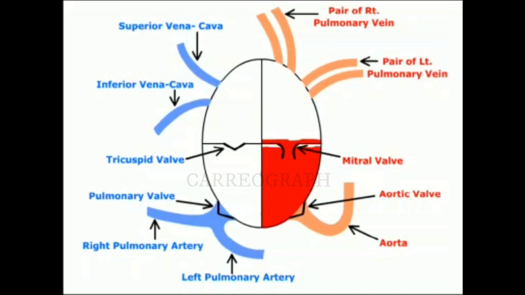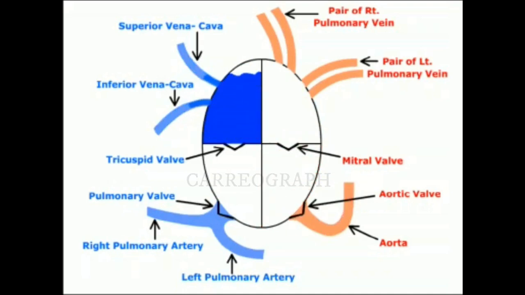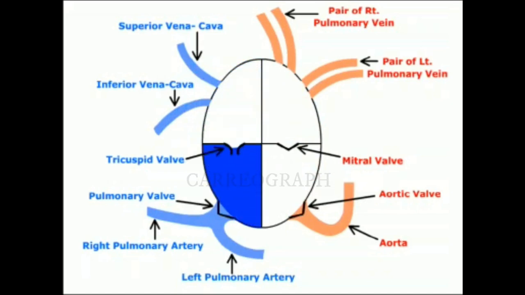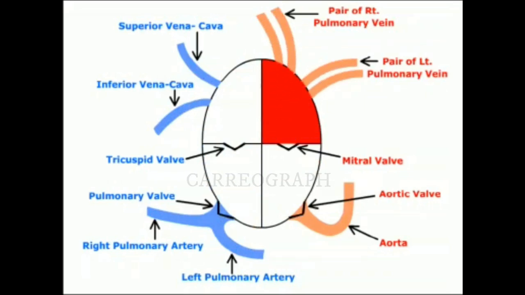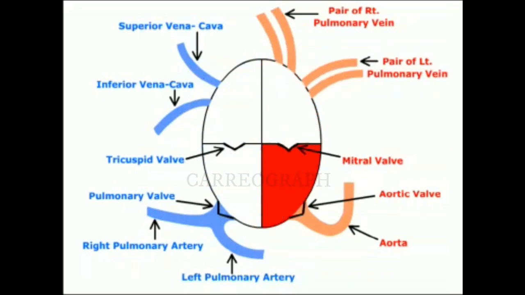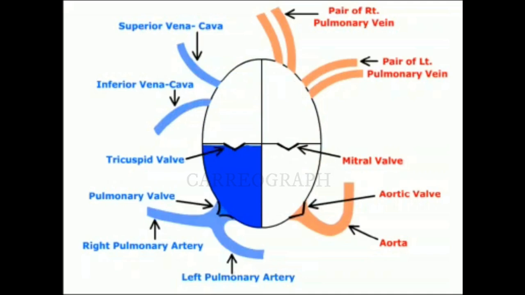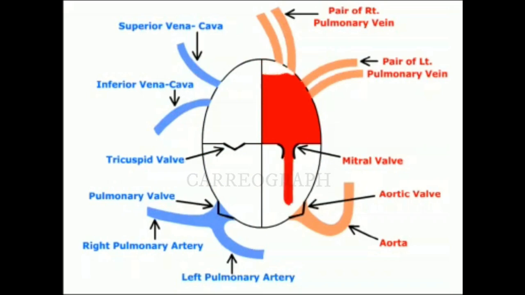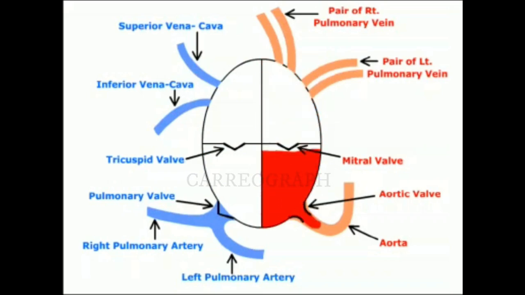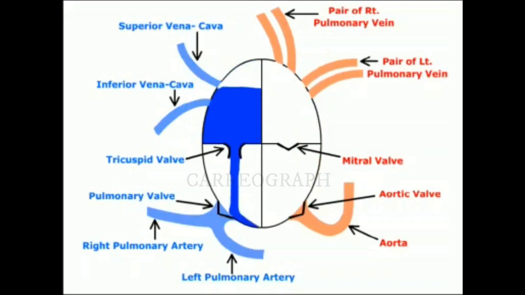From the right ventricle, through the right pulmonary artery and left pulmonary artery, it is taken to the right lung and left lung respectively, and in the lungs the exchange of gases takes place. The oxygenated blood, which is in red color, comes through the right pulmonary vein from the right lung and the left pulmonary vein from the left lung. They take the oxygenated blood and bring it back to the left atrium.